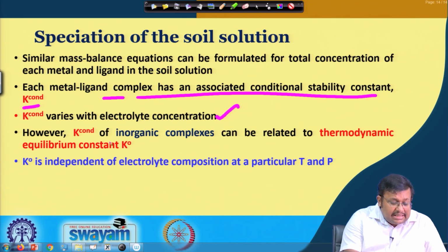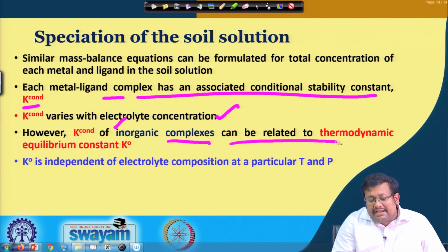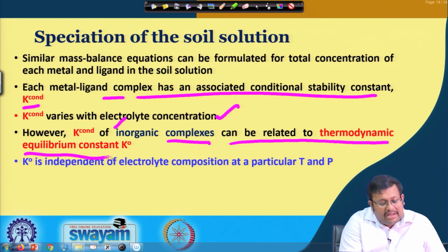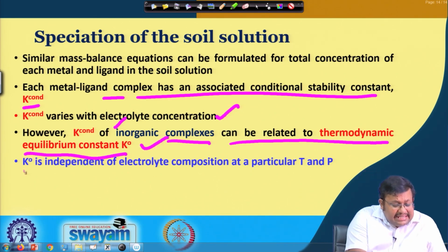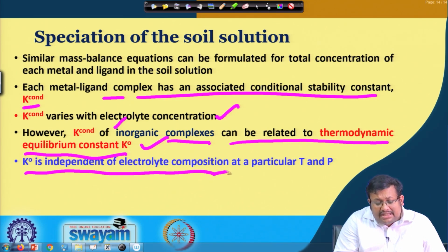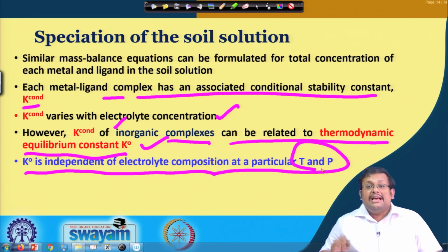However, the conditional stability constant of inorganic complexes can be related to the thermodynamic equilibrium constant K0. This K0 is independent of electrolyte composition at a particular temperature and pressure.